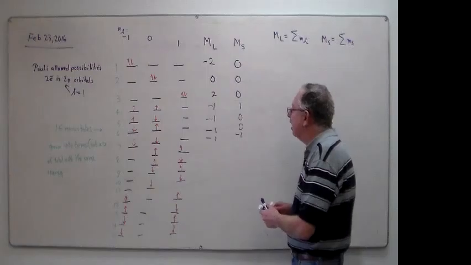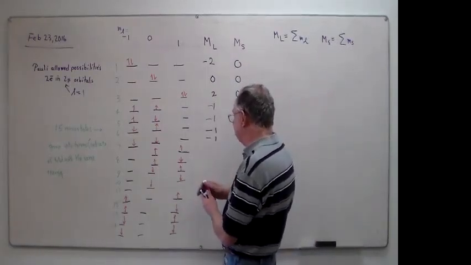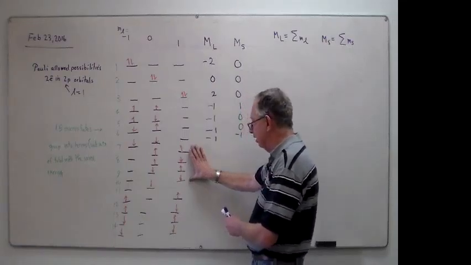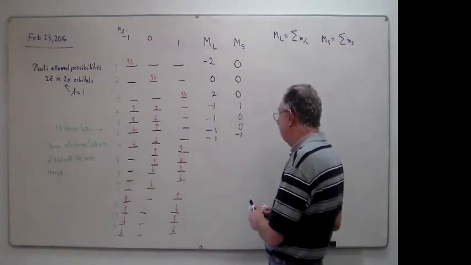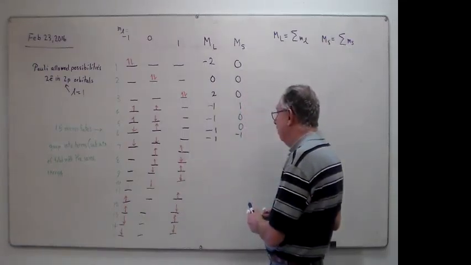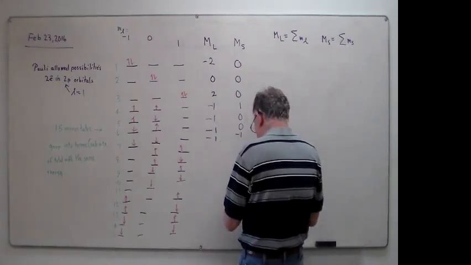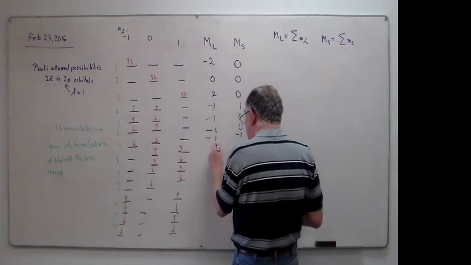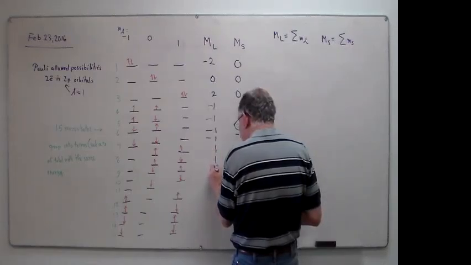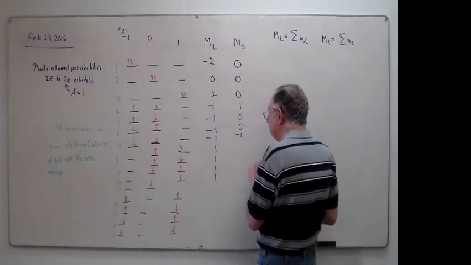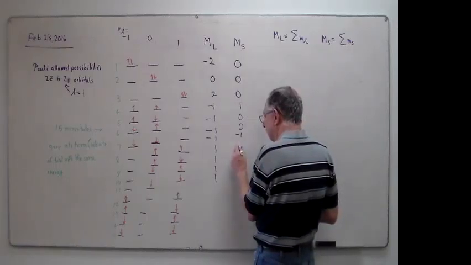Alright. So you kind of see what happened here? Okay, give me the M sub L values of the next 4, from 8 to 11. They're all going to be 1. Yes, M sub L's are 1 for 8 to 11: 1, 1, 1, 1. And what are the M sub S values? Start with 8.